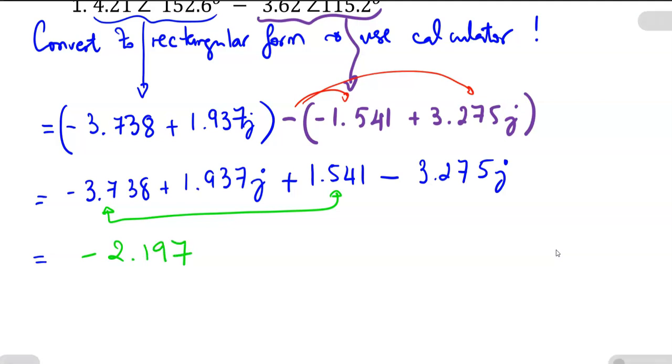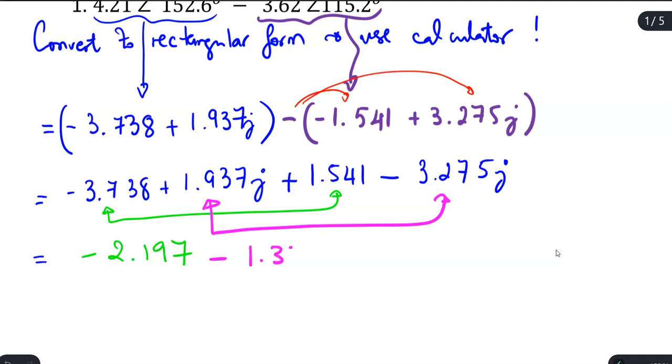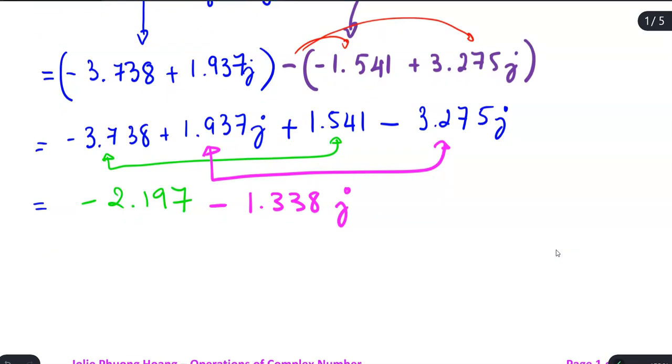And if I collect this and this as like terms, I will have negative 0.338j. But the question asked me to convert this into a complex number in polar form. So what I have done is I use my calculator to convert to polar form, and I also round it to 3 significant digits. So this is the answer that I got on my calculator.